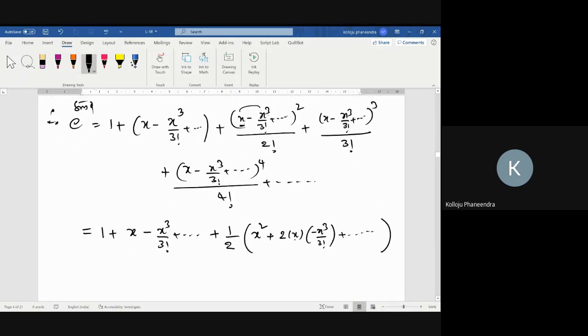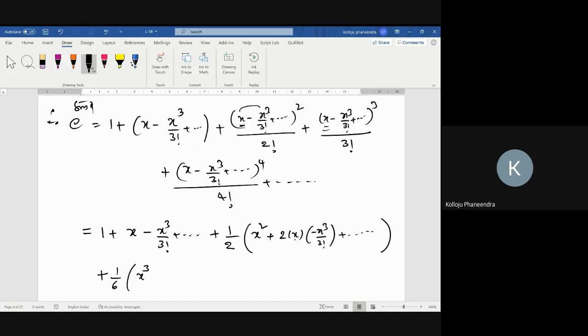Coming to the third term, plus 1 by 6, 3 factorial. A plus b whole cube means what? The first terms are always cubes. So x cube is required. Done. Next, b cube is not required.